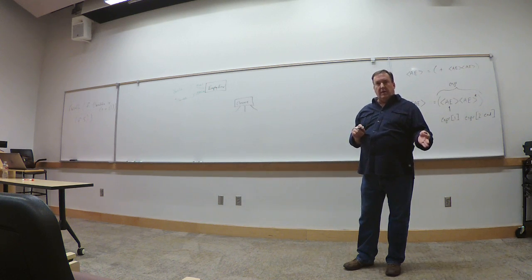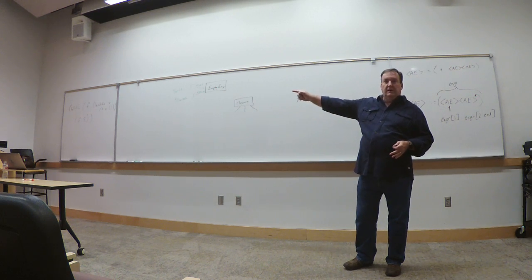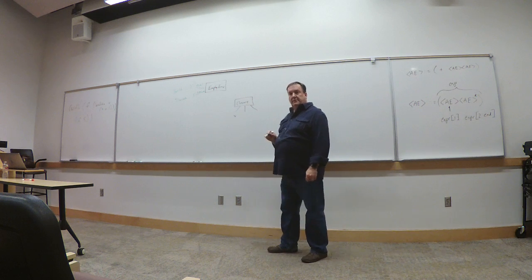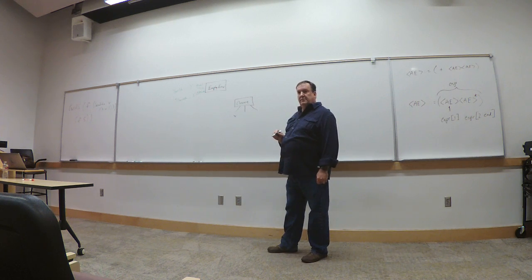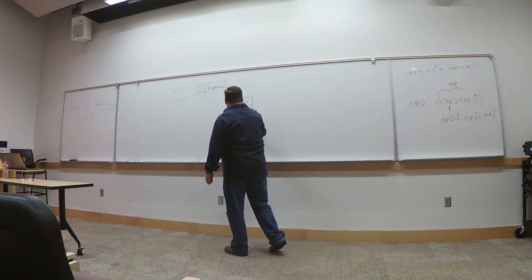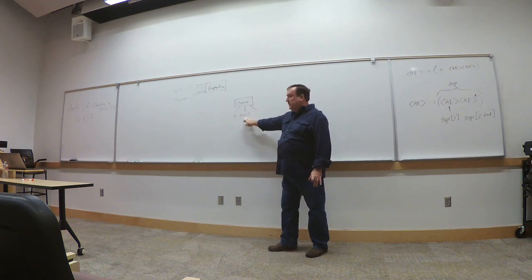So what's the formal parameter for this example? X. What's the body? Yeah, we're going to add that. And then this is actually an abstract syntax tree for that hanging off of here. I'm just going to write it this way.